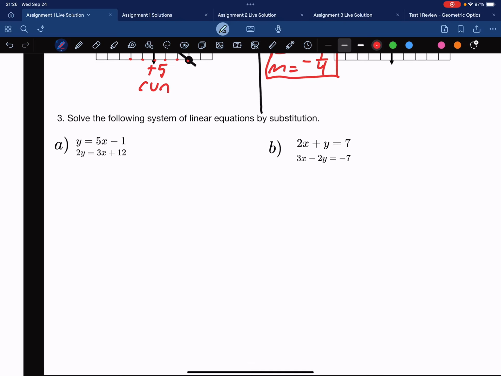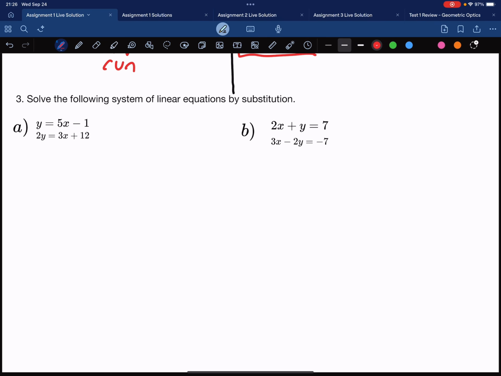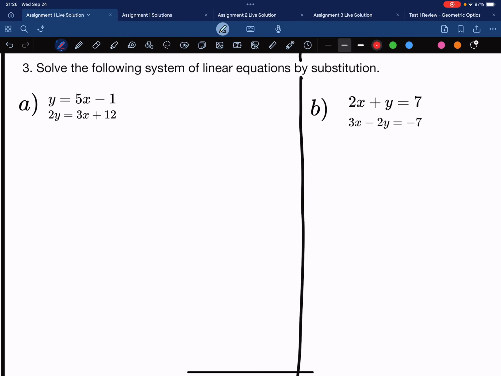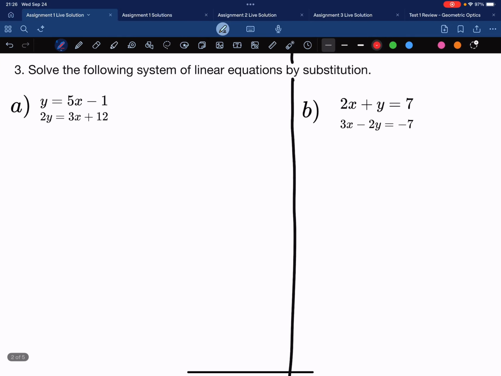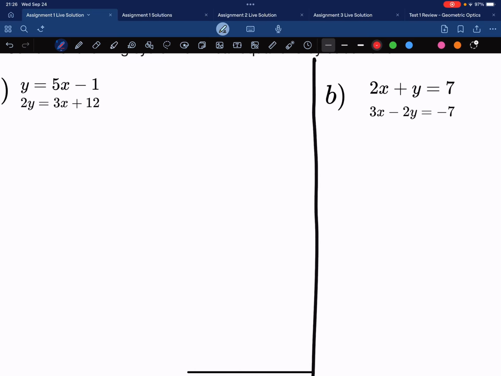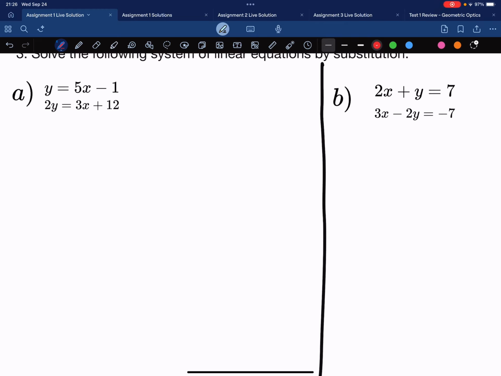Question 3. Solve the following system of linear equations by substitution. So I'm going to just divide my page. And I'm going to choose a slightly smaller ink here. So first thing I'm going to do is I like to make sure I label my equations.